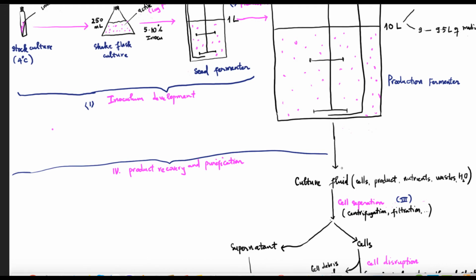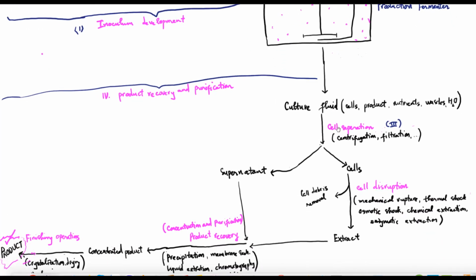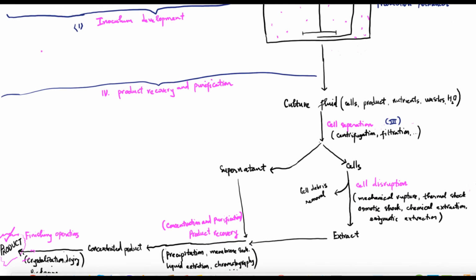So the first thing we can do is to separate the microbial cells or the solid particles from the aqueous phase, right? So this is called cell separation. Cell separation can be done by using centrifugation or filtration methods. When the cells are separated from the aqueous phase, we have cells and supernatant.